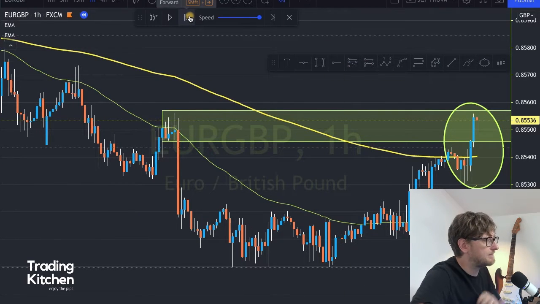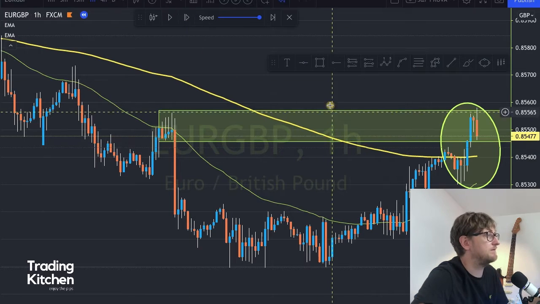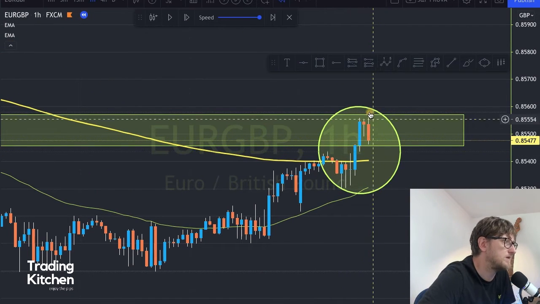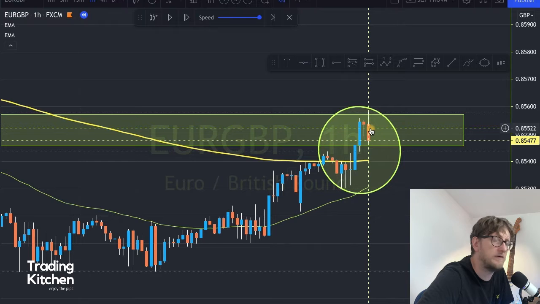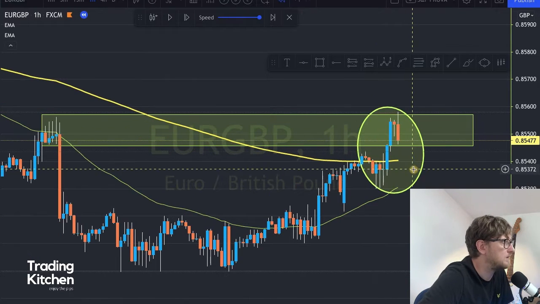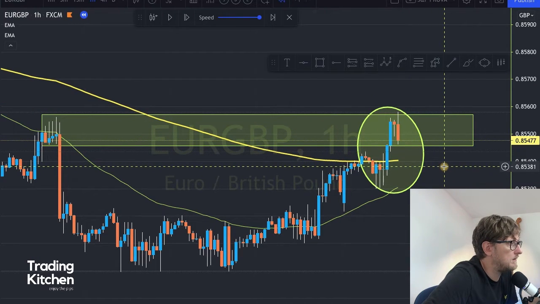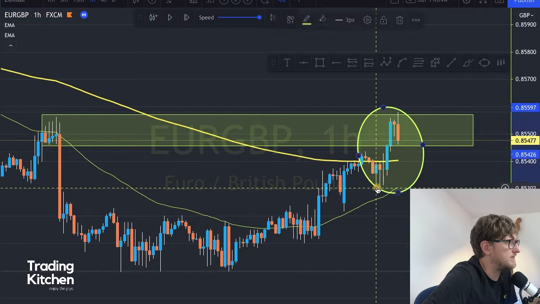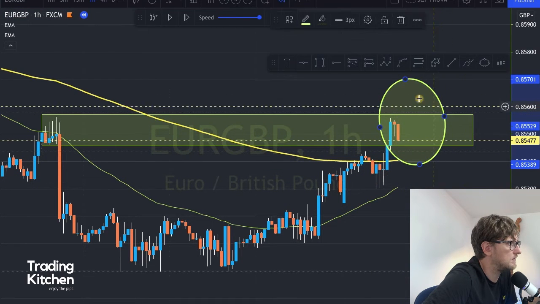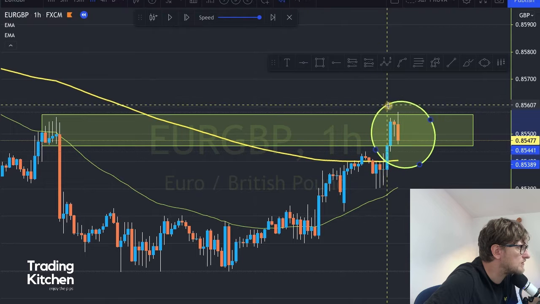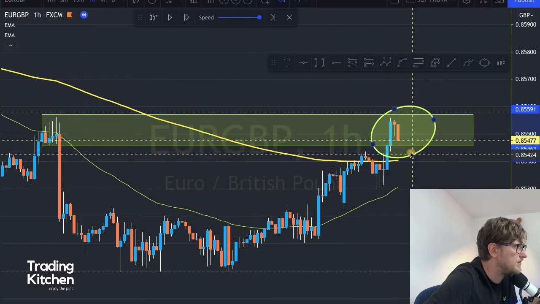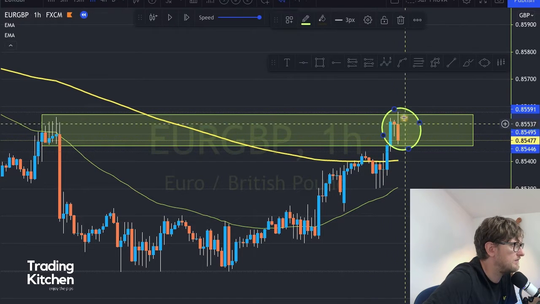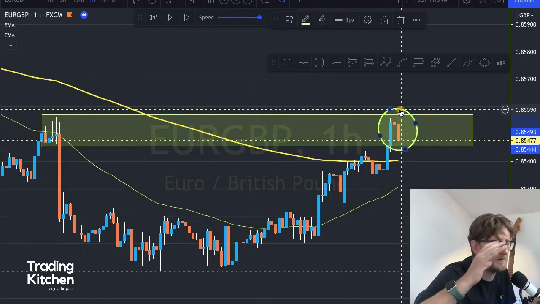So let's move back, and as you can see, this is a very good signal. Why? We have this engulfing. Maybe it is not an engulfing, sorry, but this is a very good pattern, okay? There is a name, I don't remember.